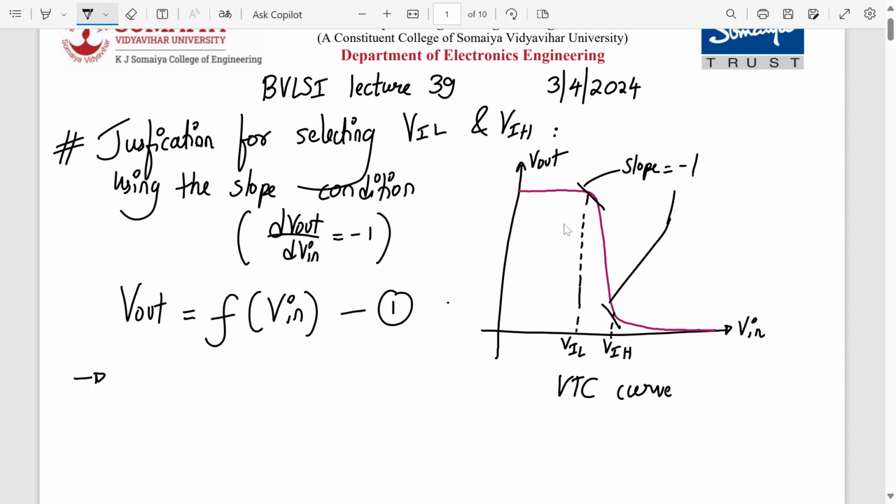Now if the input signal is disturbed from its nominal value because of external factors such as noise, the output will deviate from its nominal value, yes or no? So let's say the noise will enter the input. Definitely there will be a disturbance in the output also.